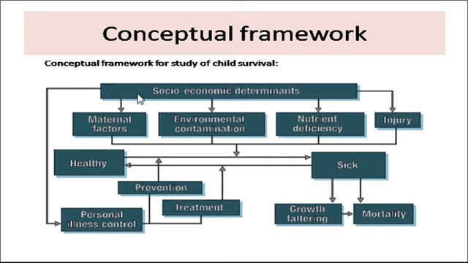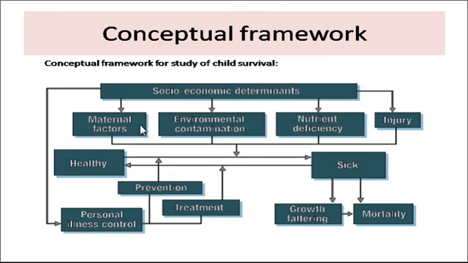So the different biological factors are identified. There are 5 biological factors identified here. First, related to child survival, the different socio-economic determinants, that means the socio-economic factors which influence child survival. So maternal factors, as we know that a healthy mother is the first important thing for a healthy child.